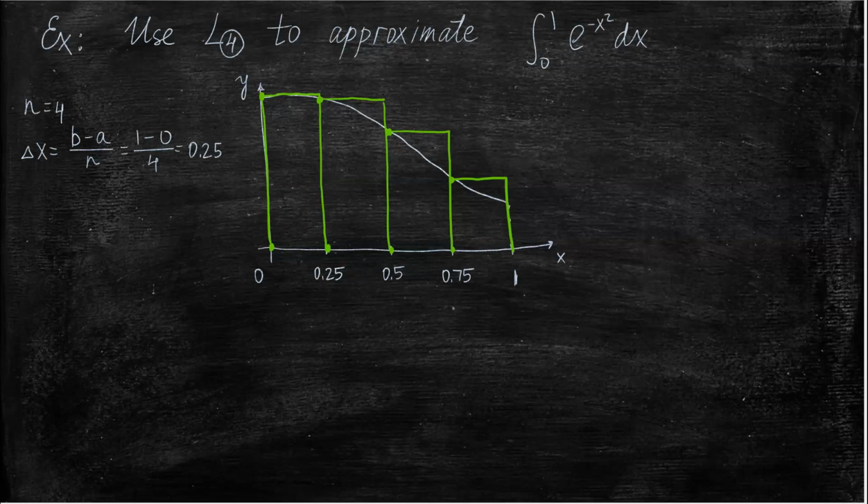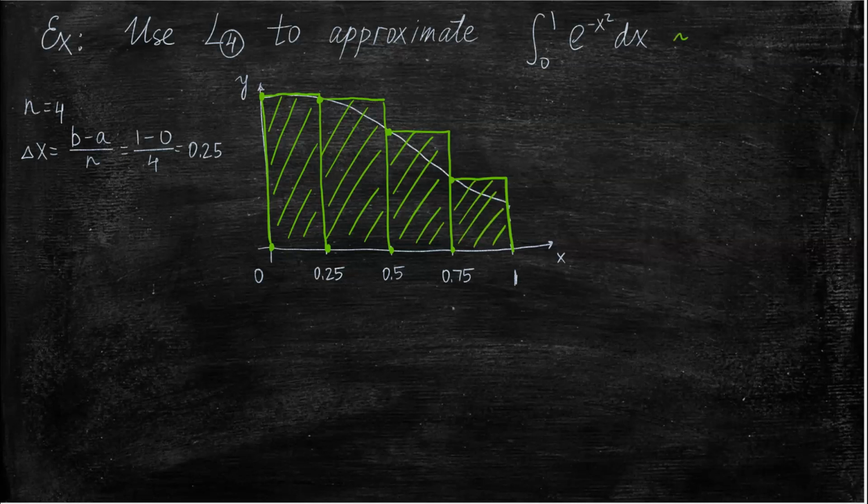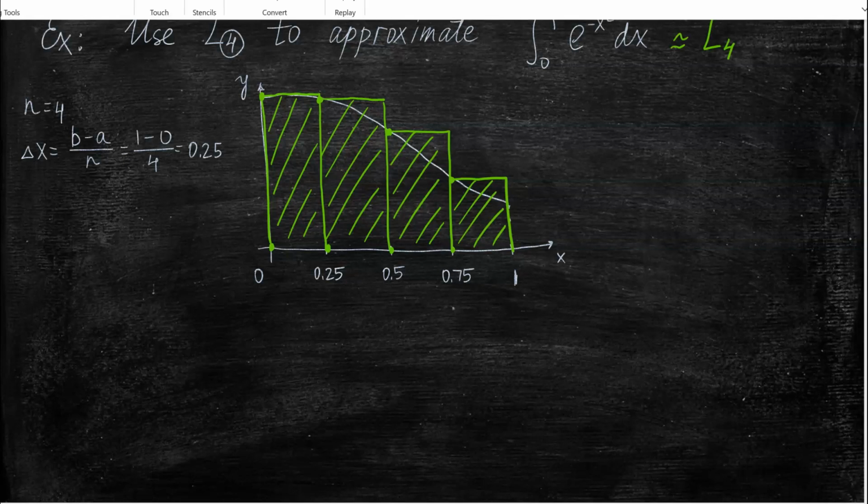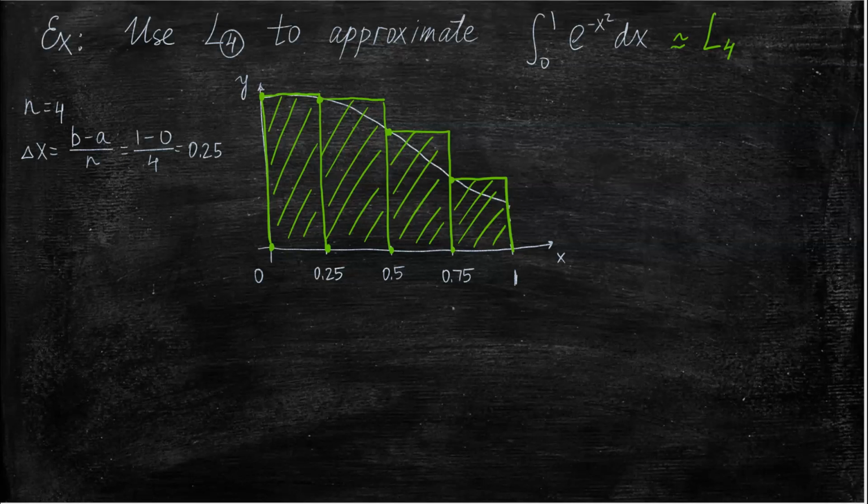So the area of these 4 rectangles is what we are referring to as L4. This is what we are looking for. We want to find what L4 is equal to. To find the area of each rectangle, we're going to find the output of the function at each of these points.